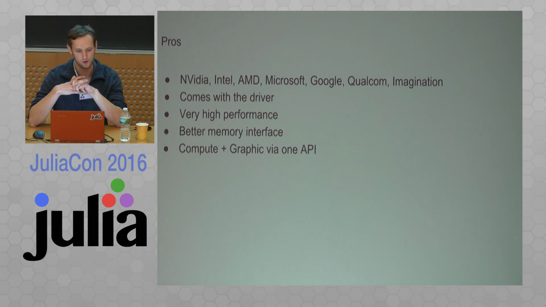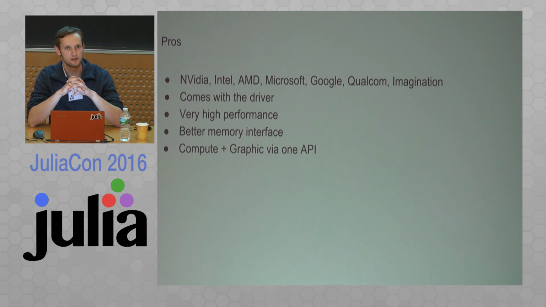So what are the pros? Why would you use Vulkan? Well, first of all, there's a large support from the industry for Vulkan. All the major GPU vendors have an implementation for it, and even Google and Microsoft support it fairly well. And it comes with the driver.